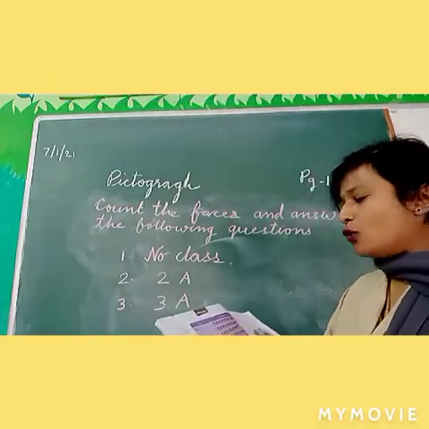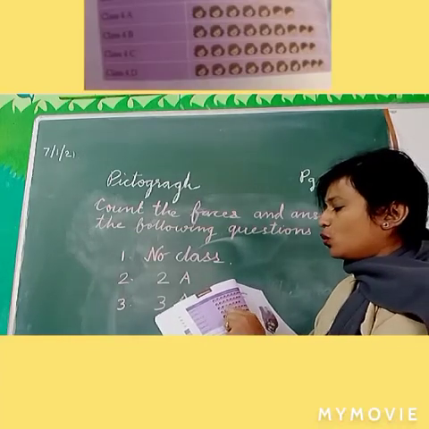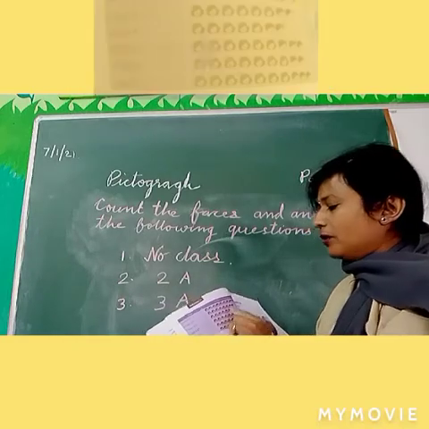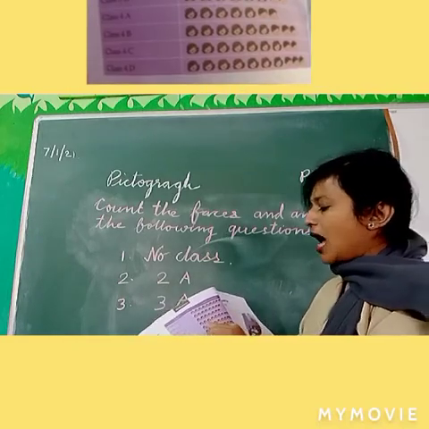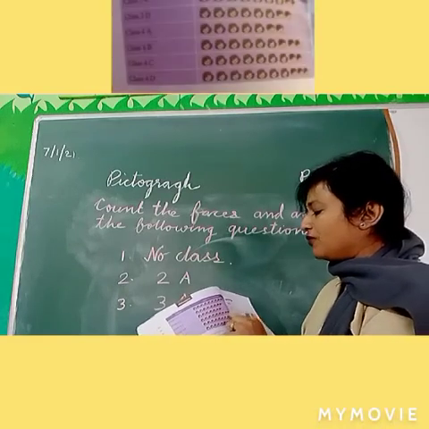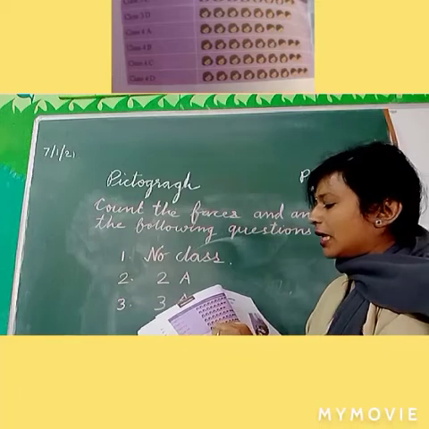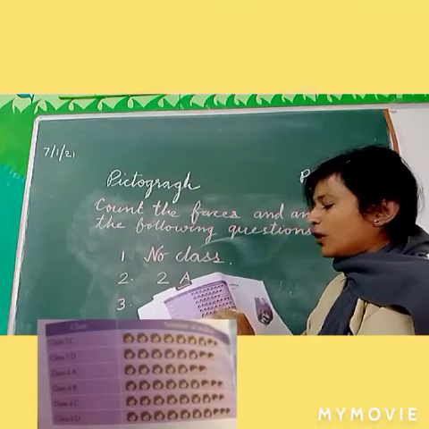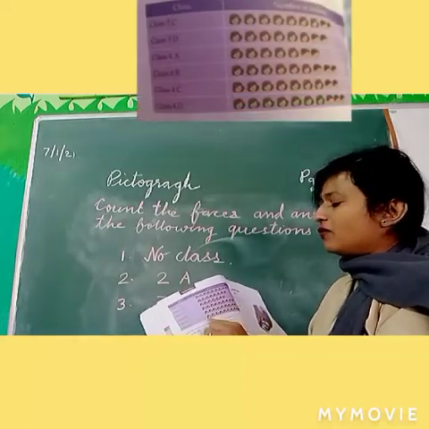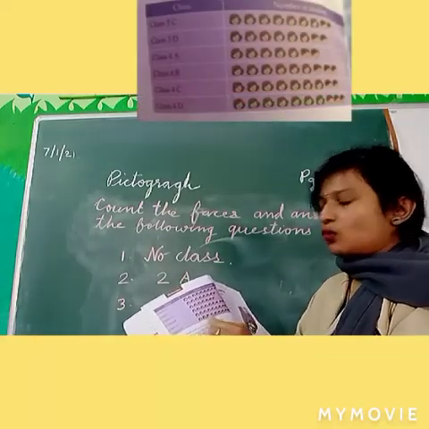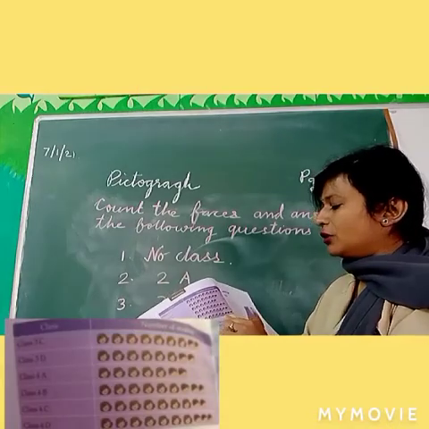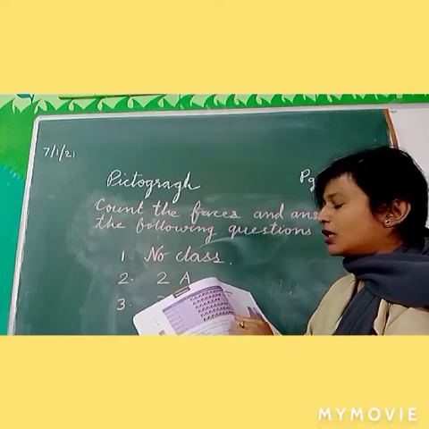Let us count together. 1, 2, 3, 4, 5, 6, 7, 8, 9, 10, 11, 12, 13, 14, 15, 16, 17, 18, 19, 20, 21, 22, 23, 24, 25, 26, 27, 28, 29, 30, 31, 32, 33, 34, 35.